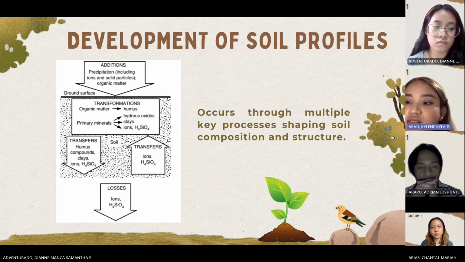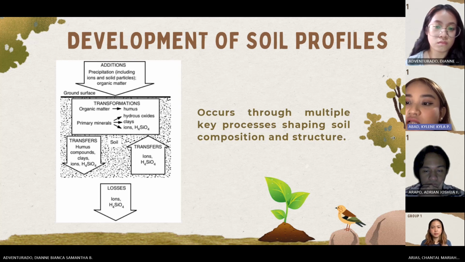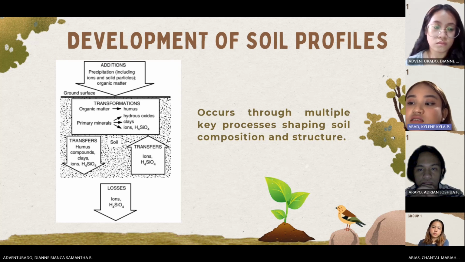After that, transfers: materials such as humus, clays, and ions like silicic acid are moved within the soil. And for losses, some ions, including silicic acid, are lost from the soil system, likely through leaching or erosion. This diagram depicts the dynamic nature of soil as a constantly changing system, including the movement and transformation of organic and inorganic materials.